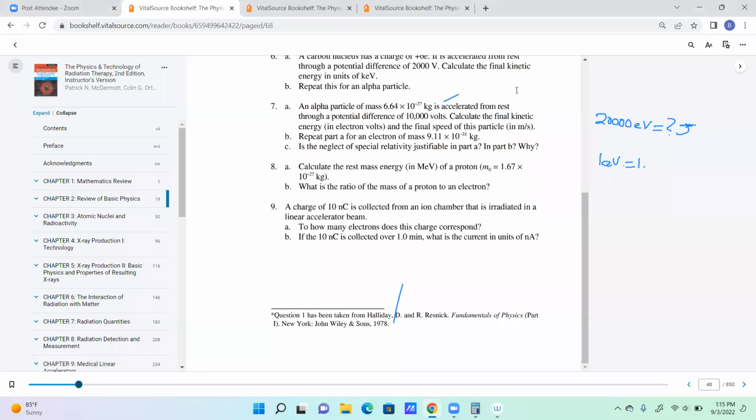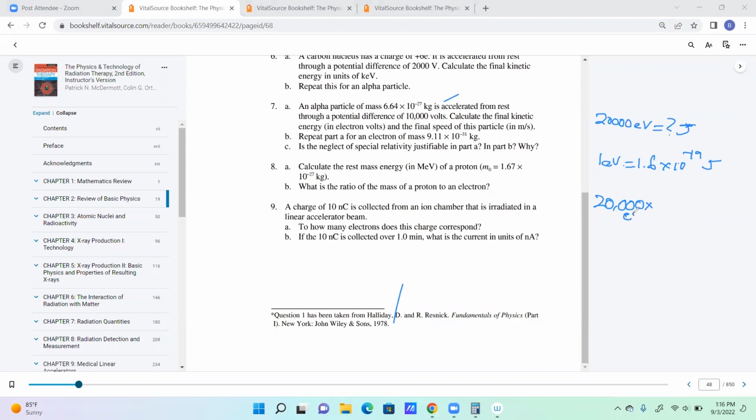1.6 times 10 to the minus 19th joules. Okay. So now we're going to take this number of eVs and we're going to multiply it by some factor.